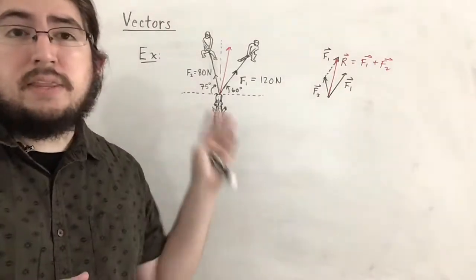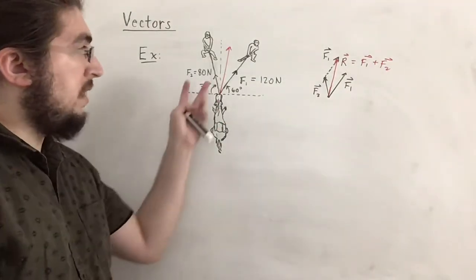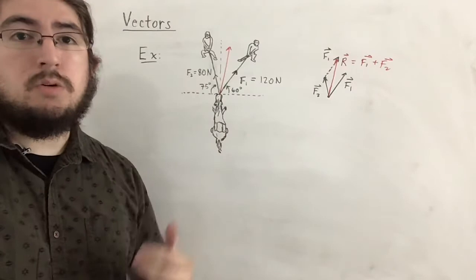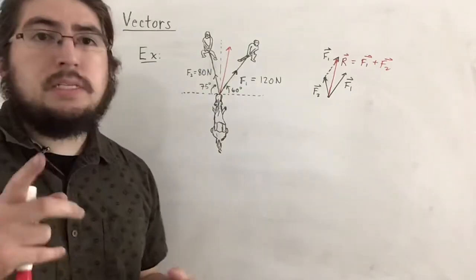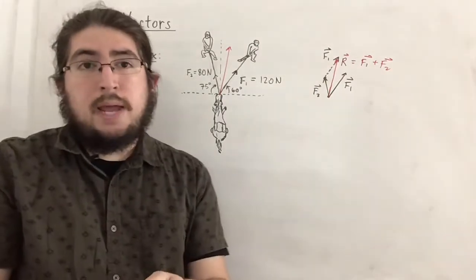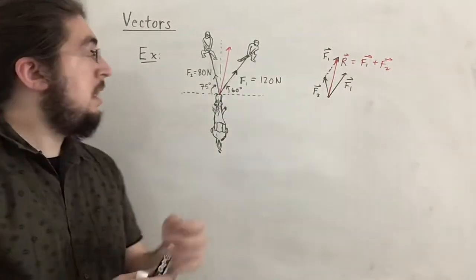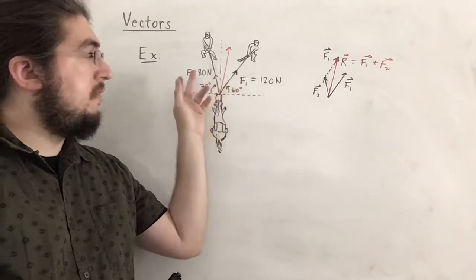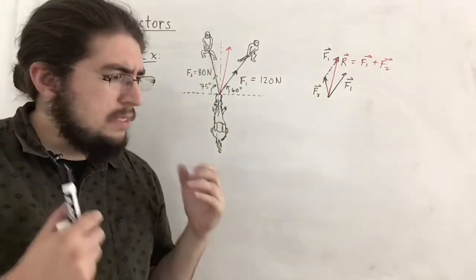Now we can actually find the angle, and moreover, we can find the resulting force that both of these two are applying. Now, something to note that's actually pretty interesting is that if they were at the same angle, if they're both pulling in front of the horse, then their forces actually add up precisely.